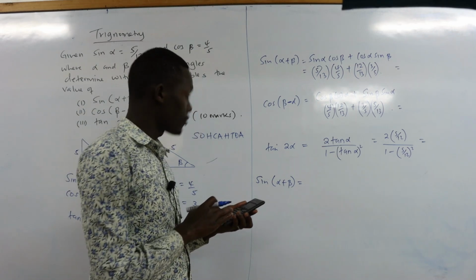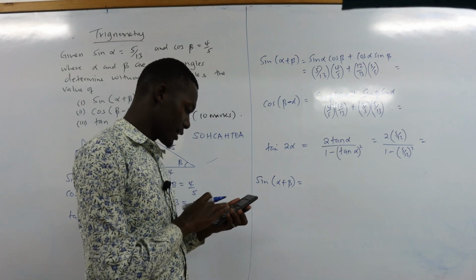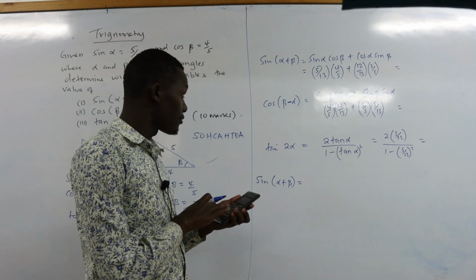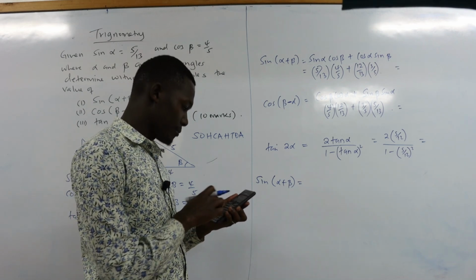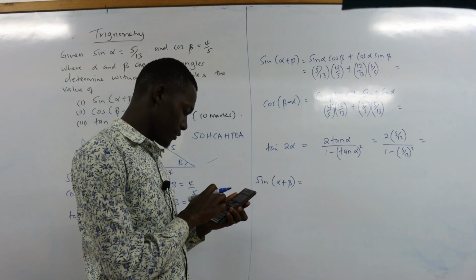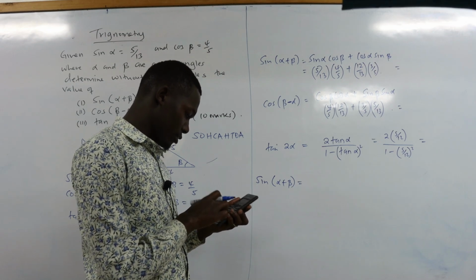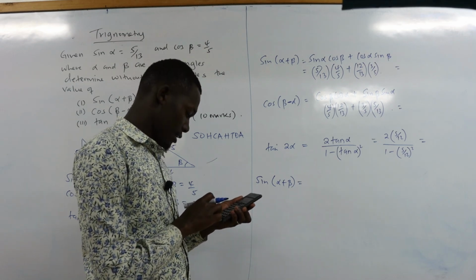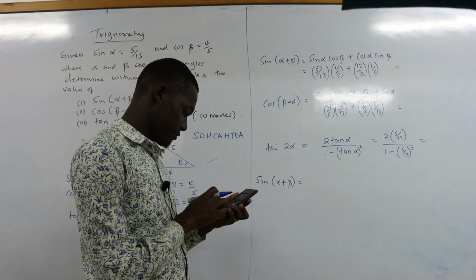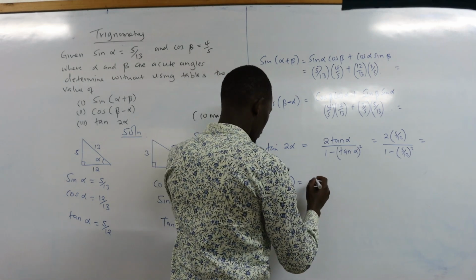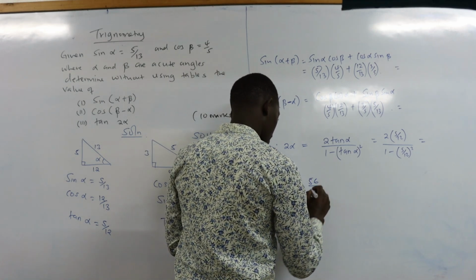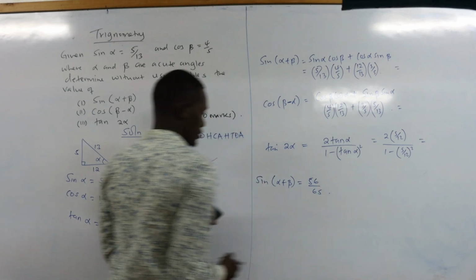So it is 5/13, close the bracket, open another bracket, 4/5, close that bracket, plus open another bracket, 12/13, close that bracket, open another, 3/5, and your answer will be 56/65. So that is your outcome.